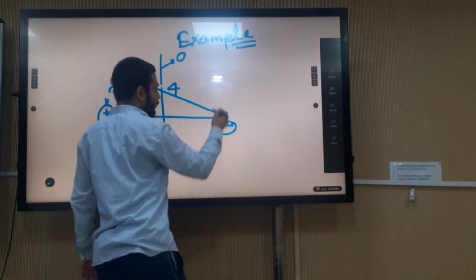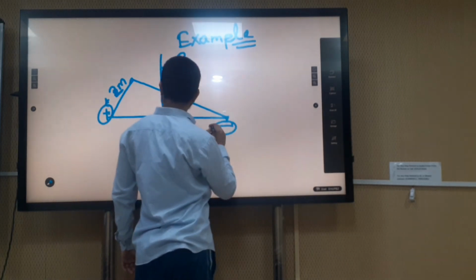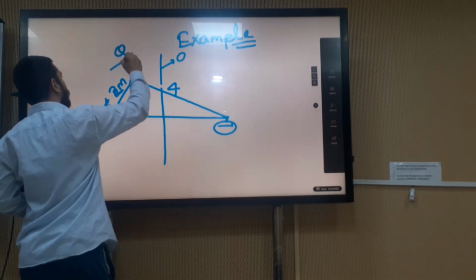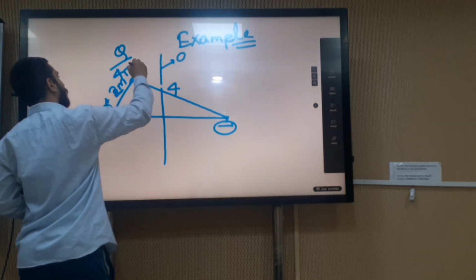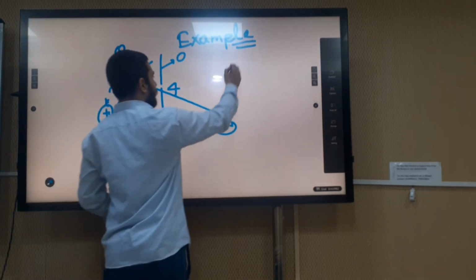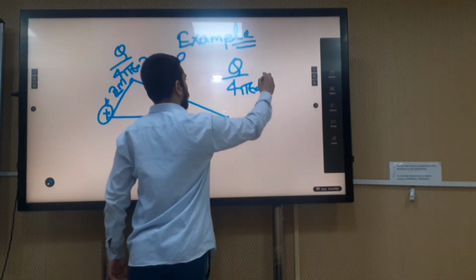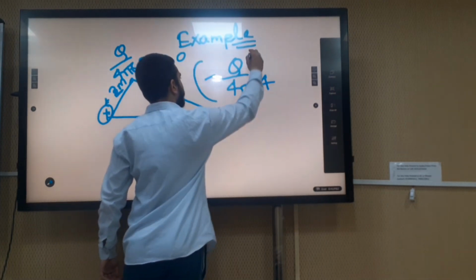So we can see that the electric potential here because of this charge is Q upon 4 pi epsilon naught times 2, and because of the negative charge the value will be Q upon 4 pi epsilon naught times 4, with a minus sign.